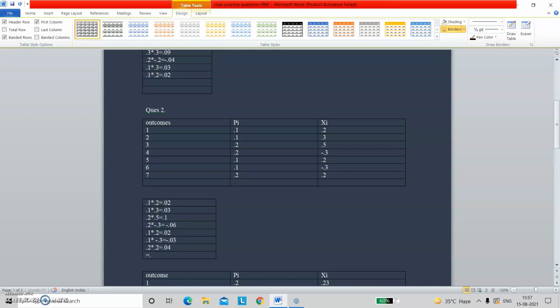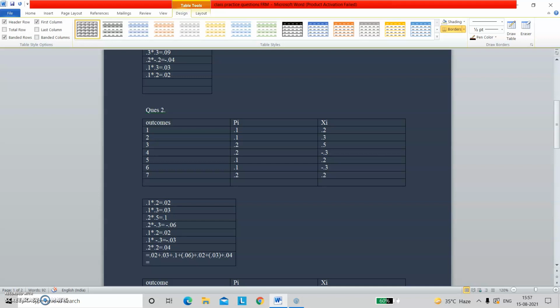So this will be 0.02 plus 0.03 plus 0.1 plus, we can put the bracket, minus 0.06, where the bracket simply signifies the negative sign, right? Then 0.02, then plus, we can put the bracket over here which signifies the negative, then 0.04, and finally we get the answer.